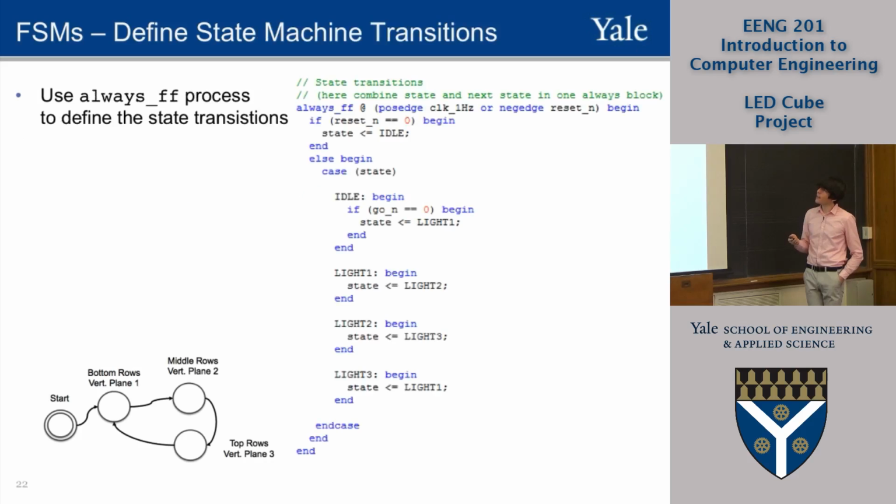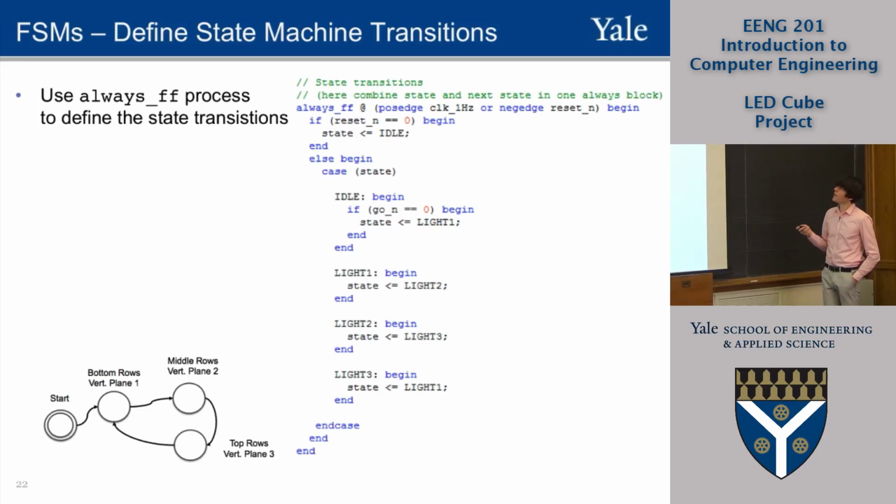So the second part is you need to define a process that controls how you transition between the states. Here you use an always_ff process that will create flip-flops where you store some information, and in this case the state is the information that you're storing.